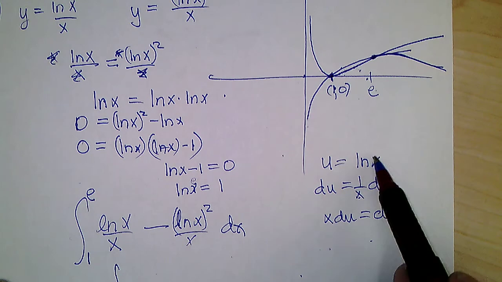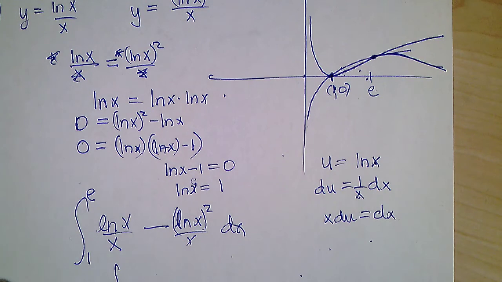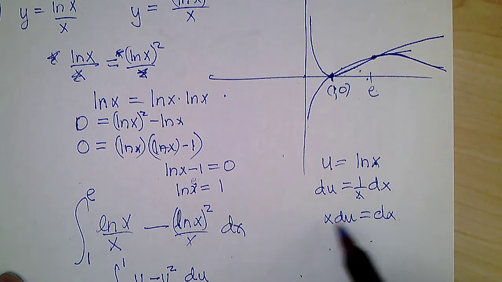Now, if I put 1 in here, ln of 1 is 0, and ln of e is 1. And this would be u, and the x's cancel, minus u squared, and the x's cancel, du. This x cancels both of those x's out.